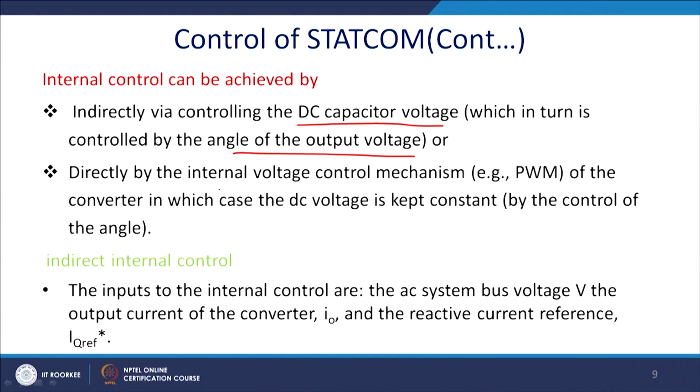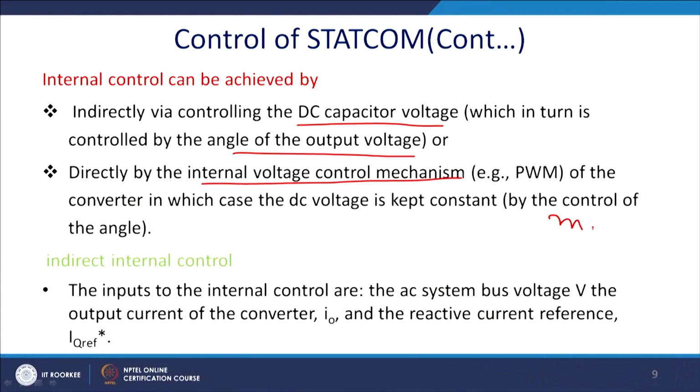Or the second option, directly by the internal voltage control mechanism, that means the modulating index, where you can change the PWM. So, the PWM value you can control, and from there you can change the terminal voltage, in which case the DC bus is kept constant. Generally we prefer the second one because it is fast in operation.